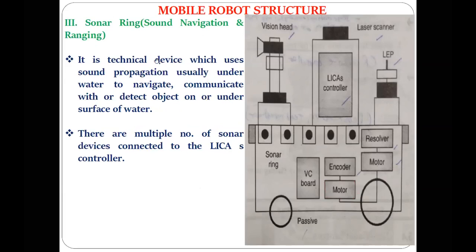Then next we have the sonar ring. It stands for Sound Navigation and Ranging. In physics, you must have heard about this device. It is a technical device which uses sound propagation.